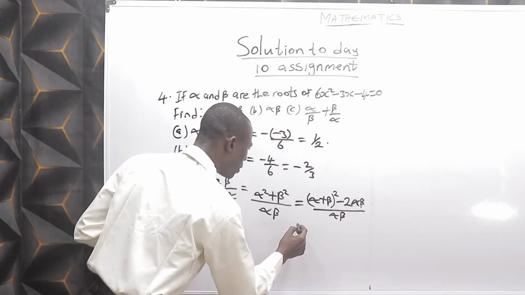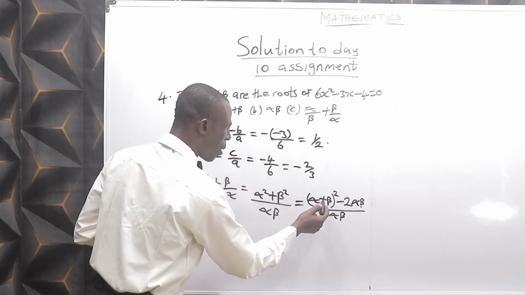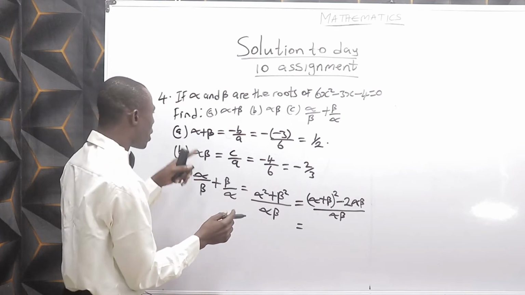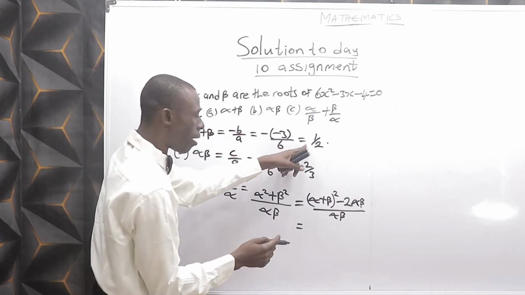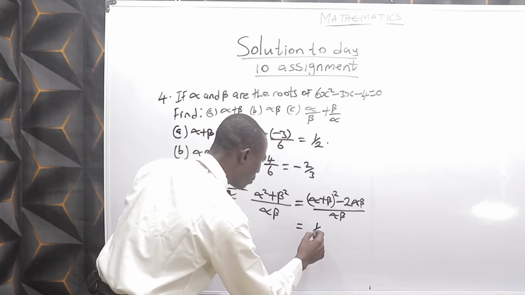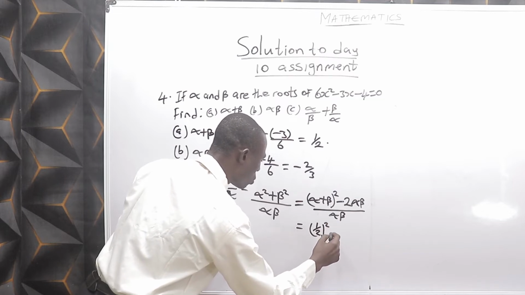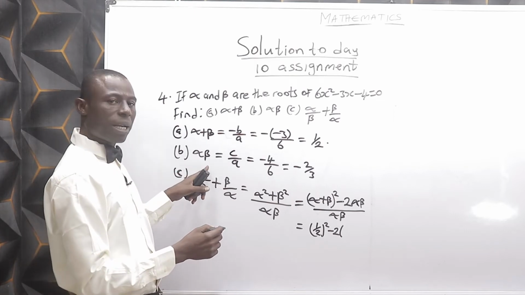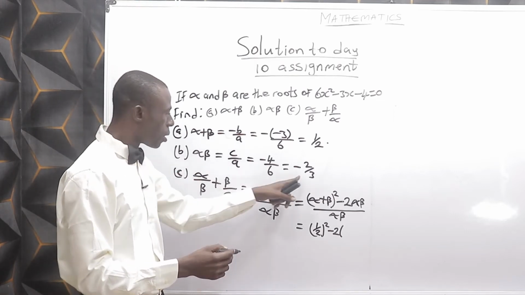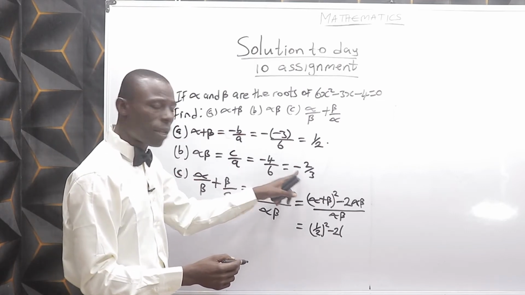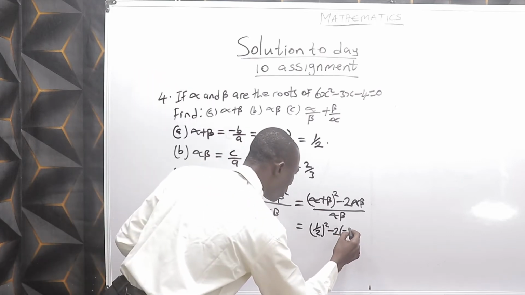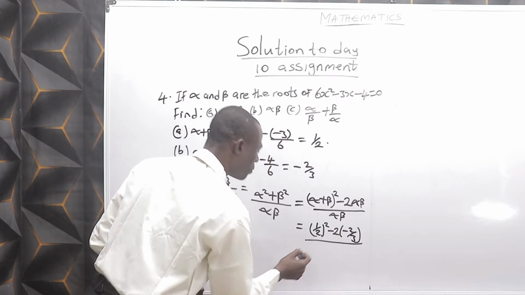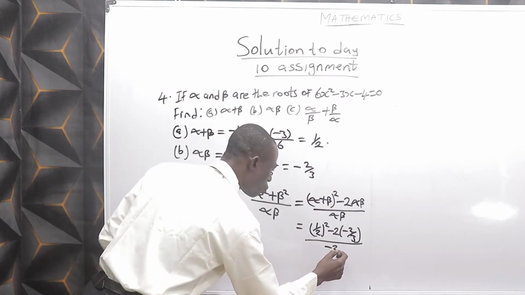So don't forget, alpha plus beta in this bracket means sum, and in A, sum is half. So substitute half raised to power 2 minus 2 into alpha beta, which is the product, minus 2 over 3. Put it here, minus 2 over 3, all over minus 2 over 3.